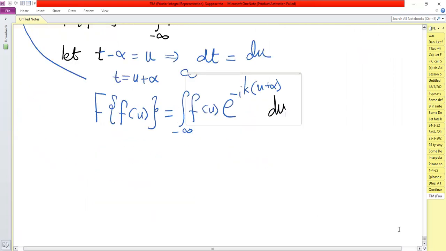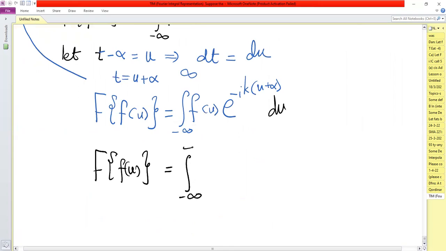So this can be written as the integral of f of u, e raised to power negative i k u, times e raised to power negative i k alpha, du.